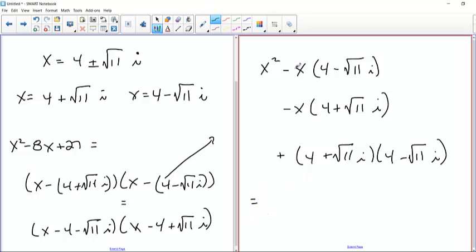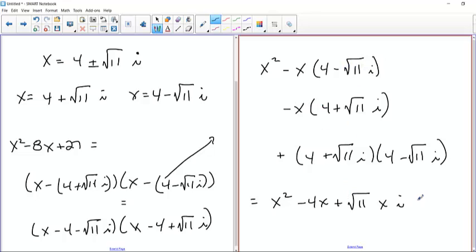Okay, next thing we're going to do is we're going to multiply these terms out, the outer and inner terms. So you'll get negative x times 4, which is negative 4x. Negative x times negative square root of 11i, which is going to be positive the square root of 11x times i. So that's negative x times negative the square root of 11i.